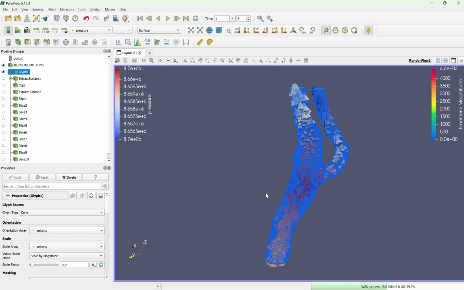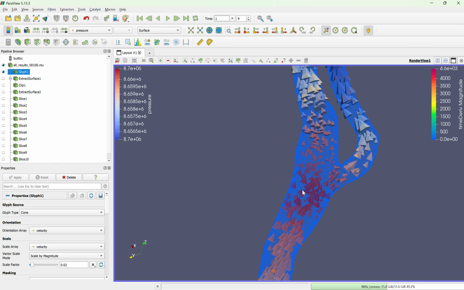This is just showing, similar to the previous visualization, the inverse pressure-velocity relationship in a different way, through glyphs.